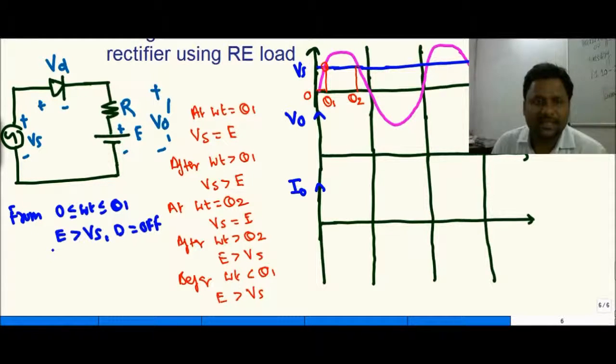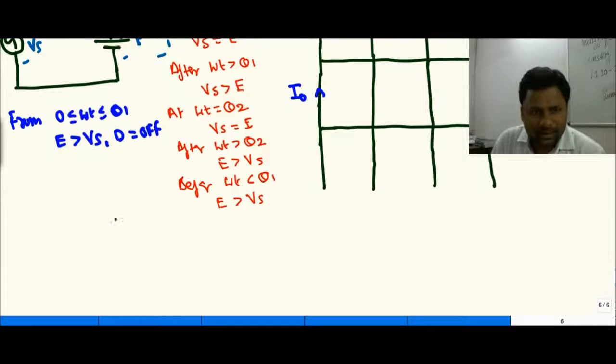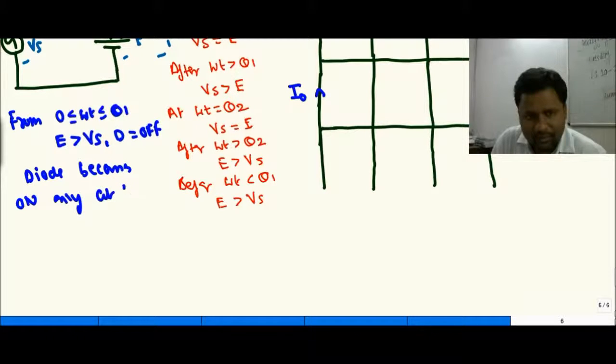This is the primary condition we have to understand: the diode becomes on only at omega t equals theta 1.